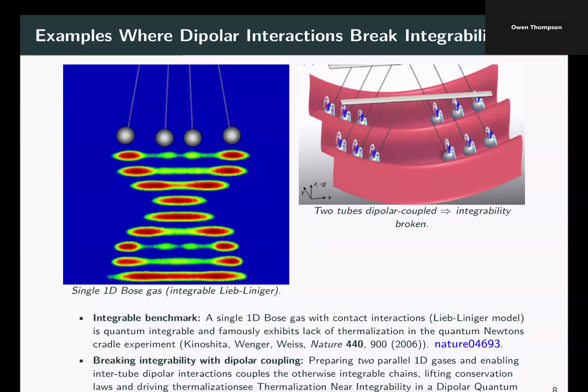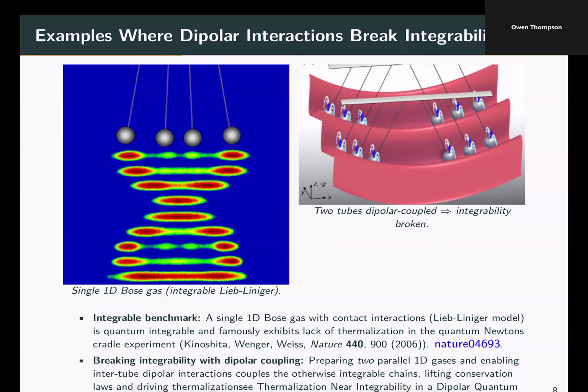And another one is dipolar interactions. On the left here is a 1D Bose gas, just in a tube. You kick the tube to transfer some momentum, and you get these oscillations out to the edges, and then they come back together. You get persistent oscillations for as long as you manage to keep the atoms cold. This is classic 1D integrable dynamics.